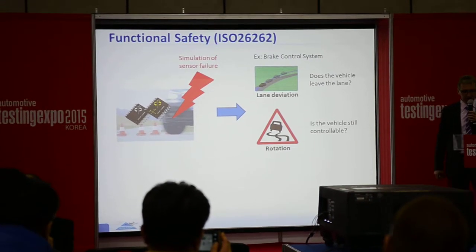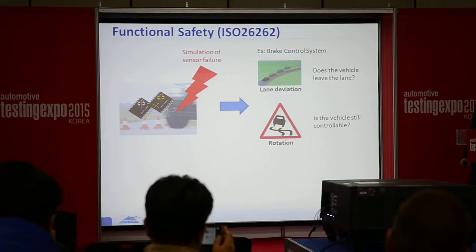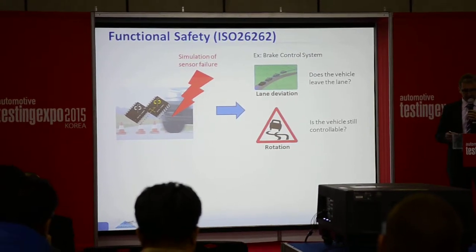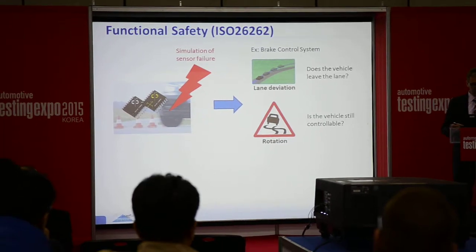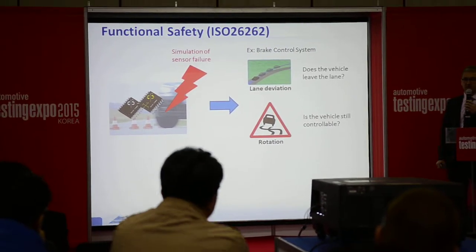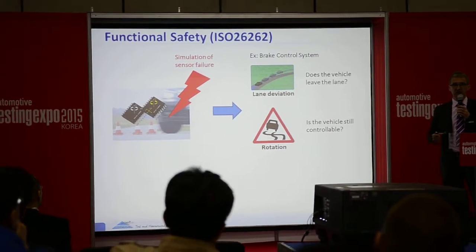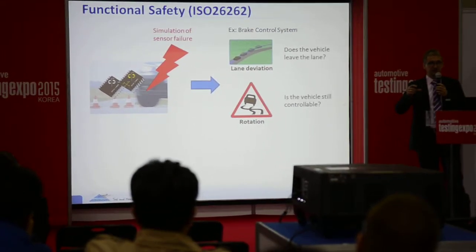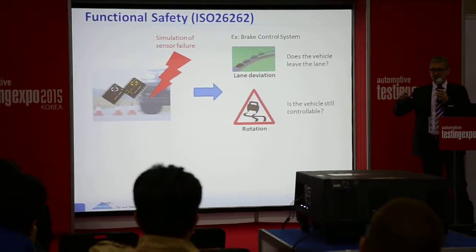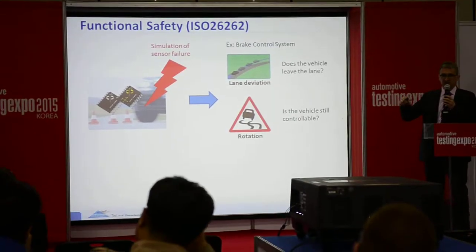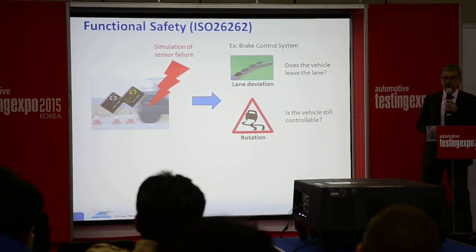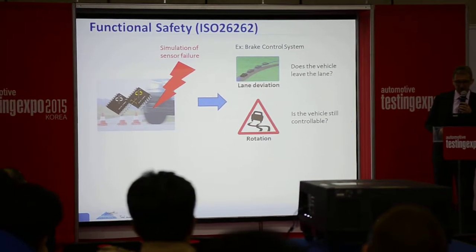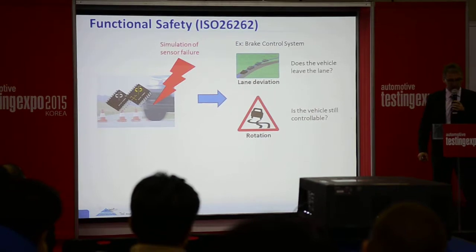The simulation of such malfunctions in specific driving situations enables the OEM to do a classification corresponding to the automotive safety integrity level, or in short, ASIL. There are several levels, starting from ASIL A, which means very low hazard, up to ASIL D, which is high hazard, or it is related to QM, and then it means it's not a safety relevant issue.